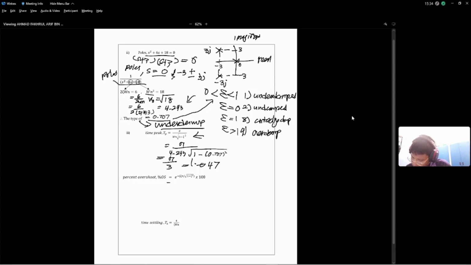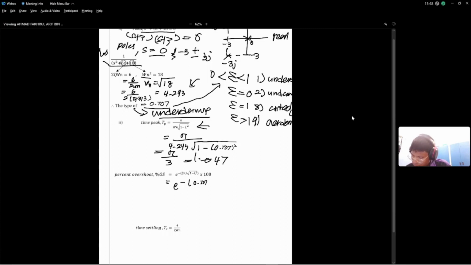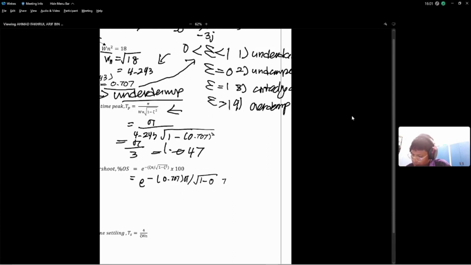Then the next one is percent overshoot. It's easy, just fill in the blank. Exponent negative 0.707 times pi divided by 1 minus 0.707 squared, and times by 100.